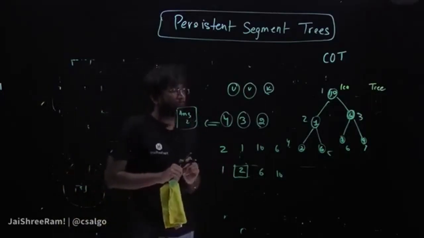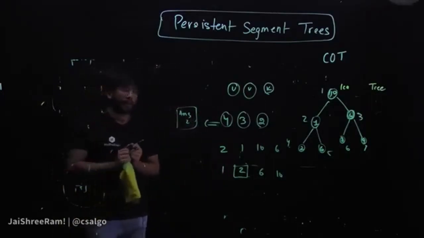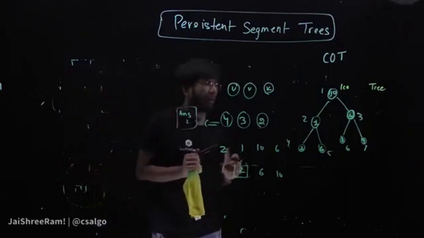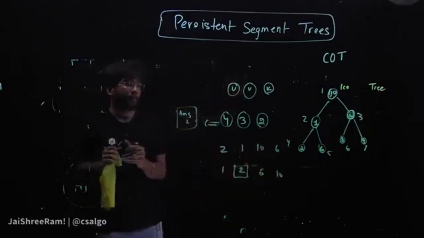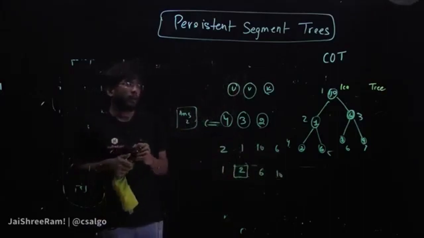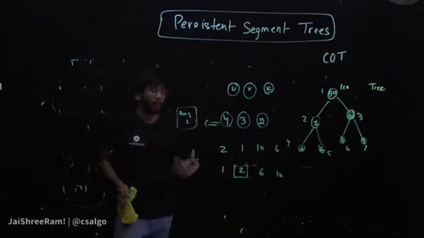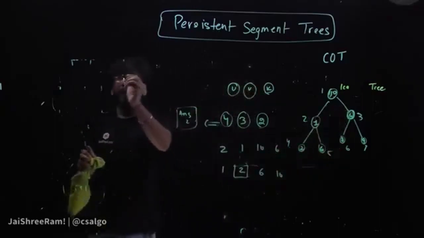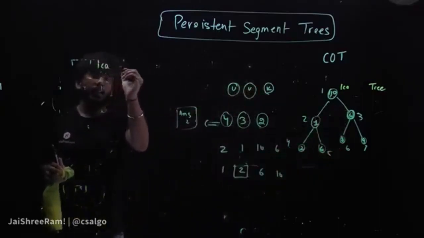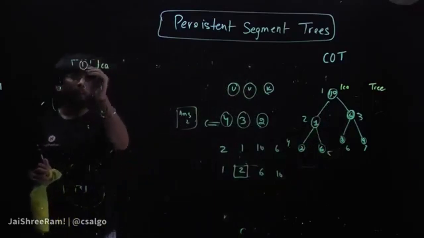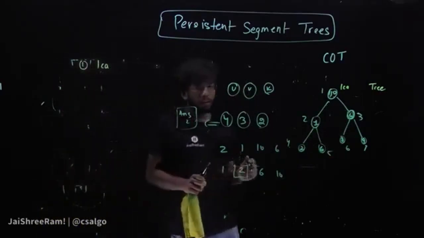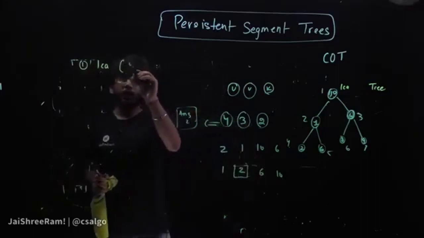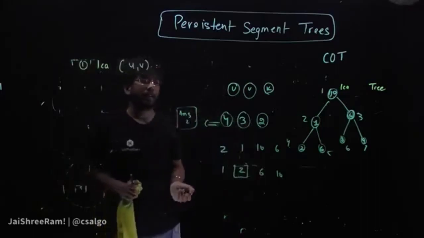The solution would be something using persistent segment trees only, and this is how the solution will go. So first of all, what we need to do is find the LCA. The first part would be finding the LCA for the two nodes u and v which I get.